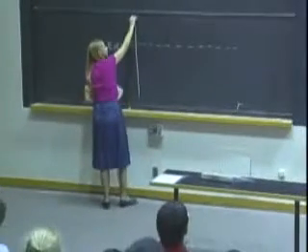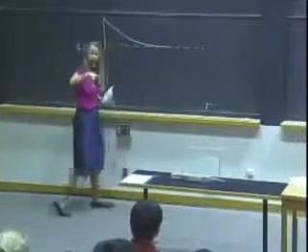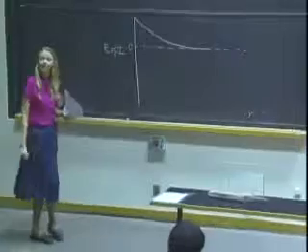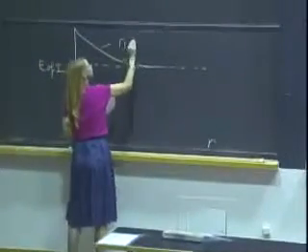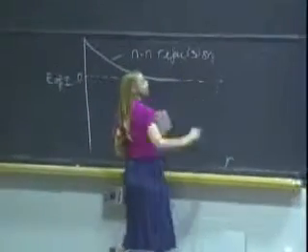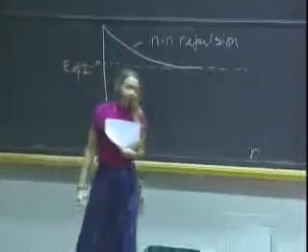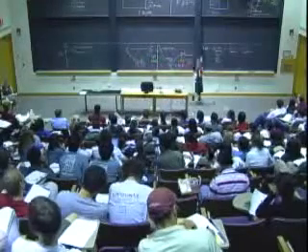It's going to be infinite here, and then a 1 over R dependence coming down. So this is the Coulomb interaction. This is the nuclear repulsion. That's what it looks like as a function of R. That's one component.